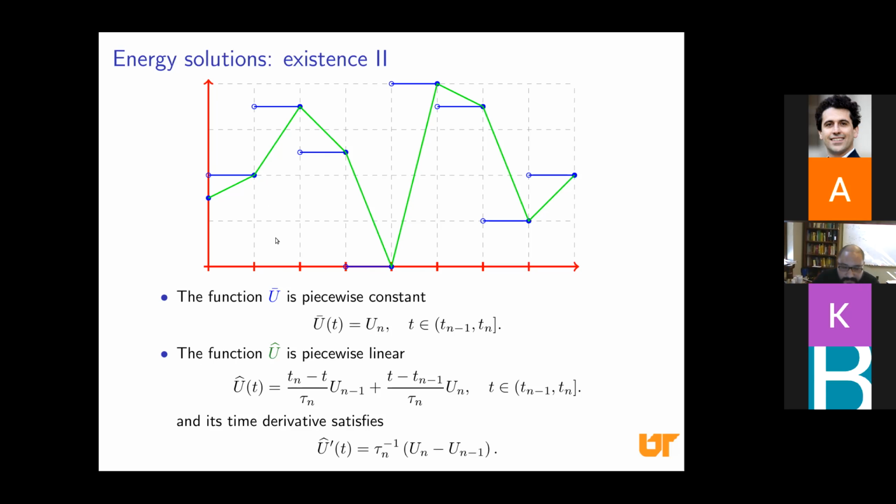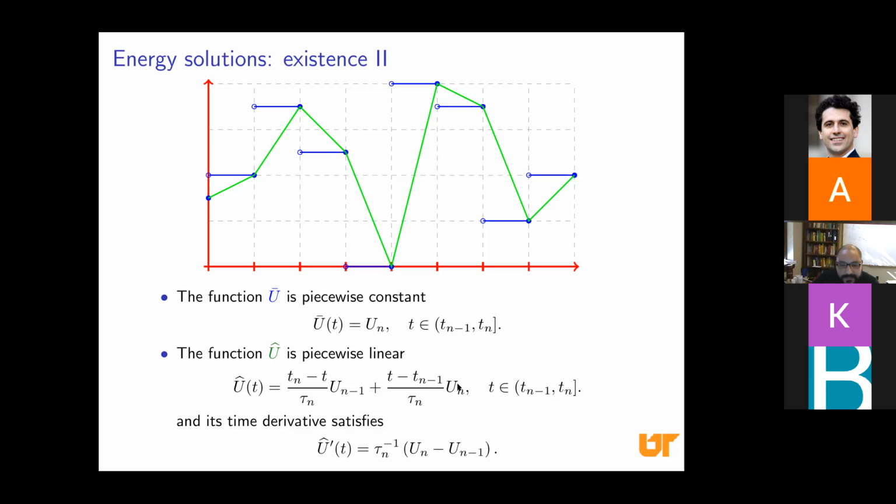So from discrete instances of time, I fill with a constant, and that is going to be my bar. That is one option. I have another option, which is connecting the dots, by constructing a piecewise linear function that in each subinterval is obtained by just taking a convex combination of the values at the endpoints. That is my green function that I'm going to denote by a hat.